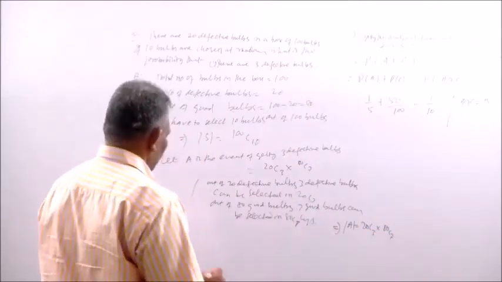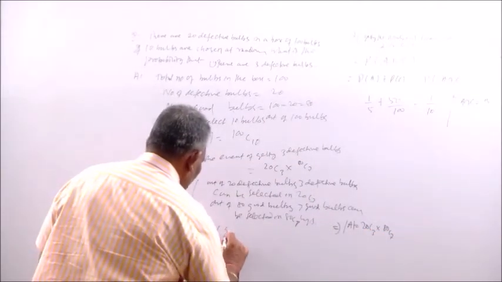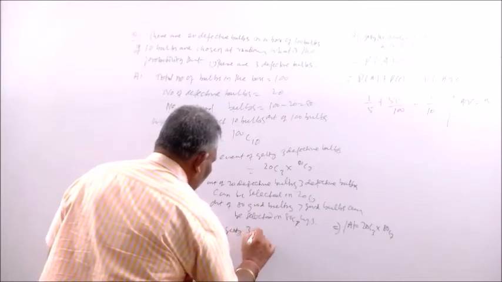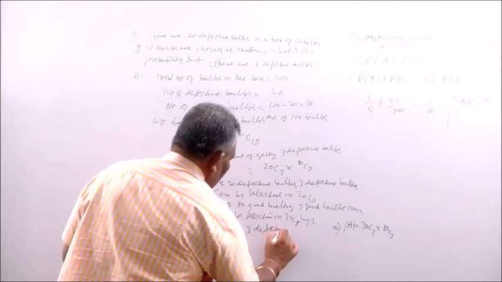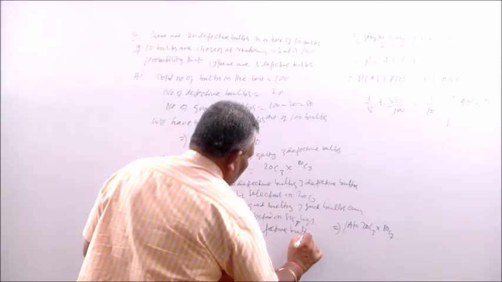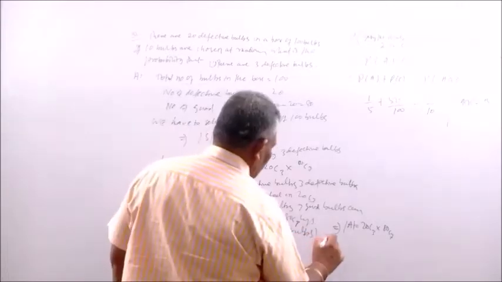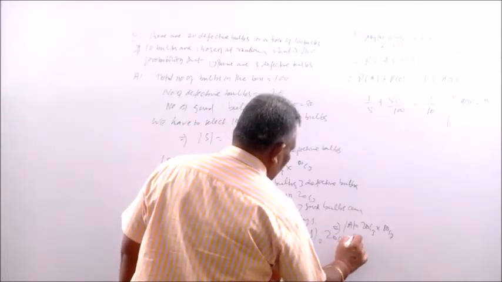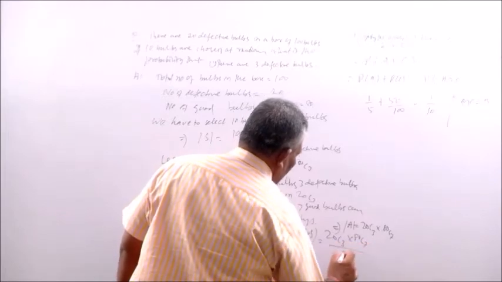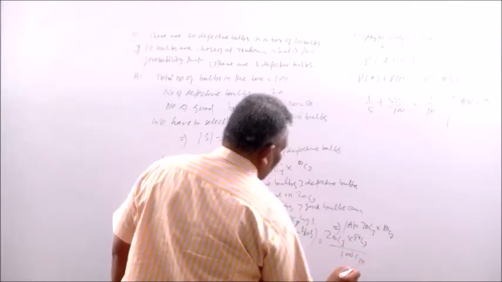So probability of getting 3 defective balls equals 20C3 80C7 divided by 100C10.